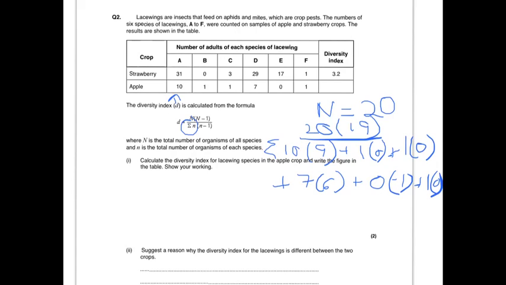Of course, anything times 0 will give you 0. So 10 times 9 is 90, plus 42 equals 132.